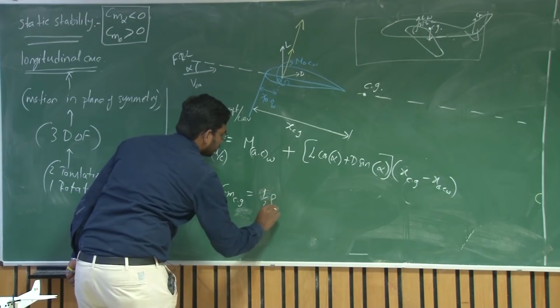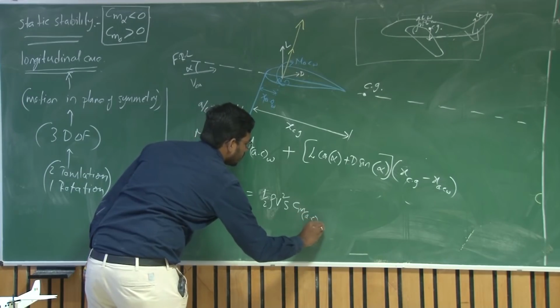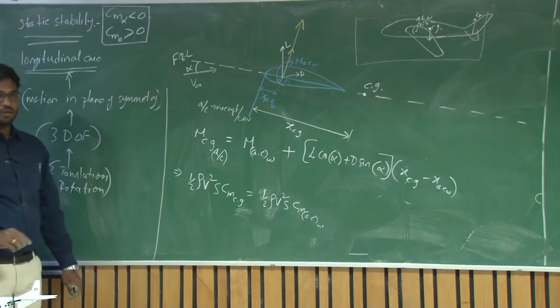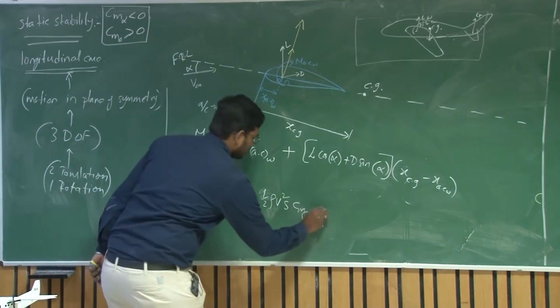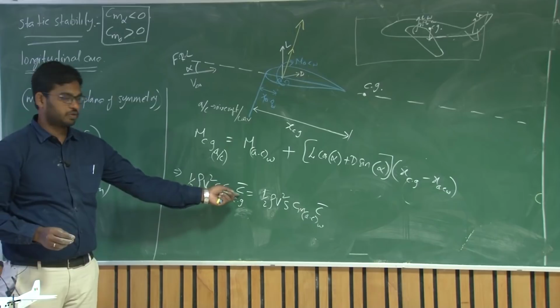half rho V square S into CMAC of wing into C bar. Sorry, please make a correction, I missed C bar here.